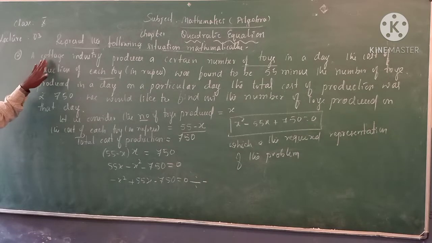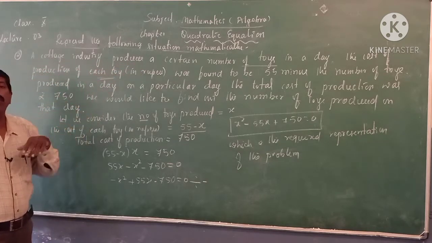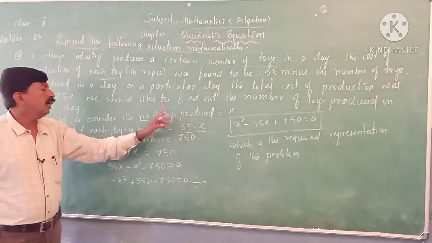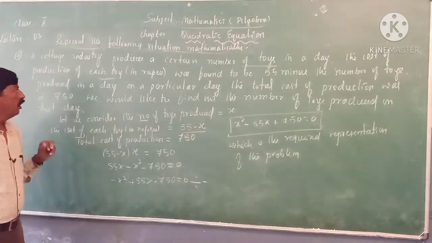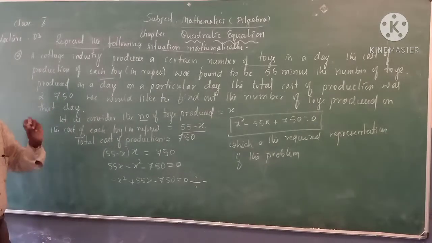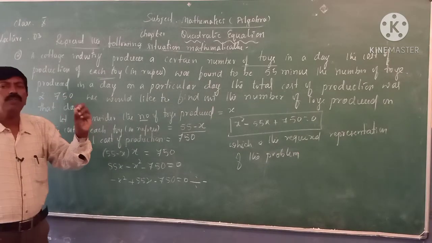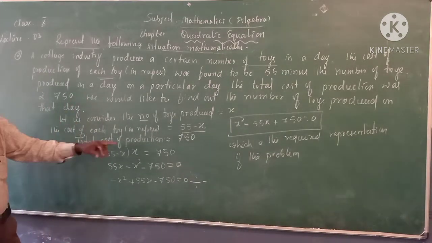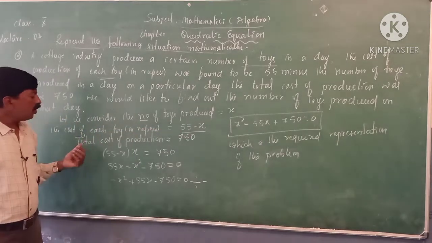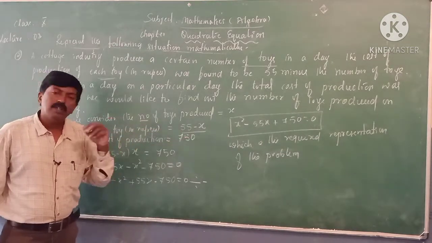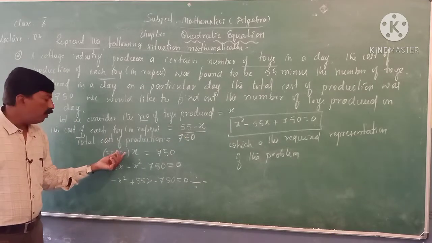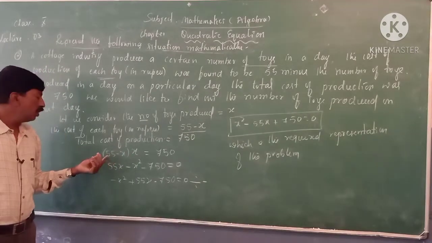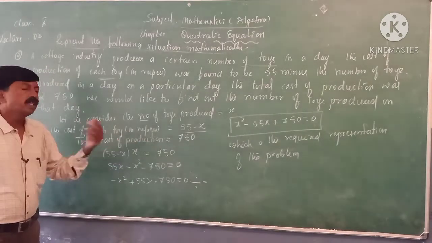Once again look here. A cottage industry produces a certain number of toys. We don't know, so call the number of toys produced in the cottage industry X. Now the cost of each toy is given as 55 minus the total number of toys produced that day, that is 55 minus X. And the total cost of production on that day is given as 750 rupees.